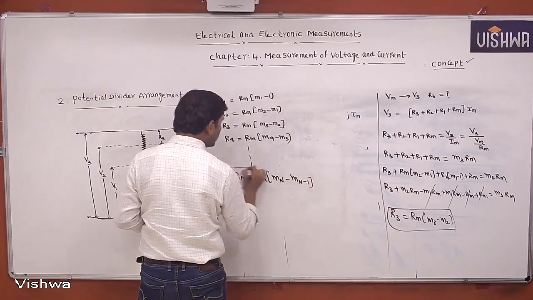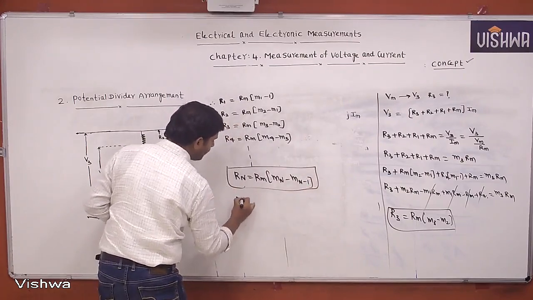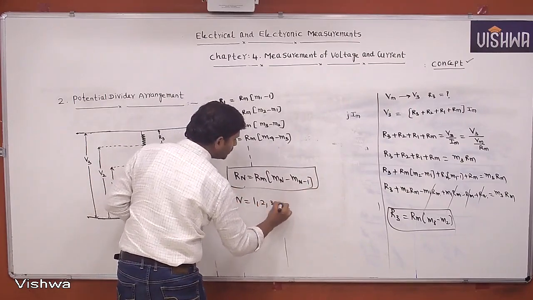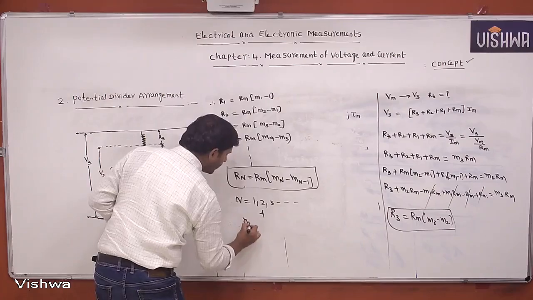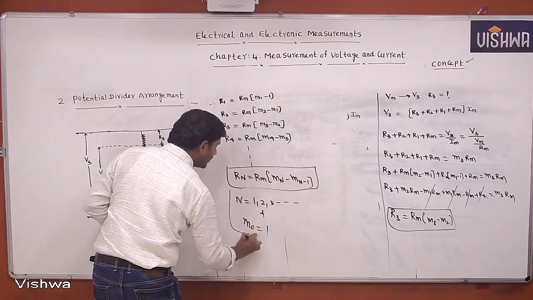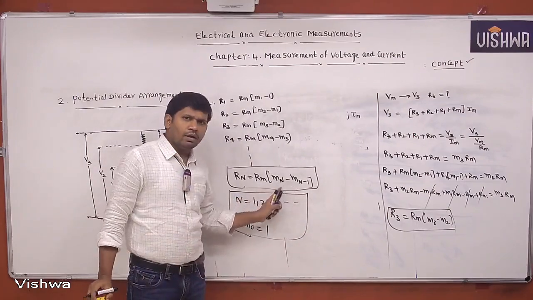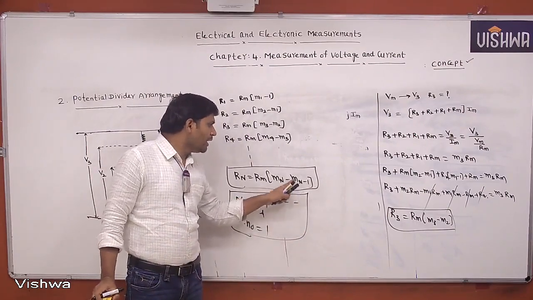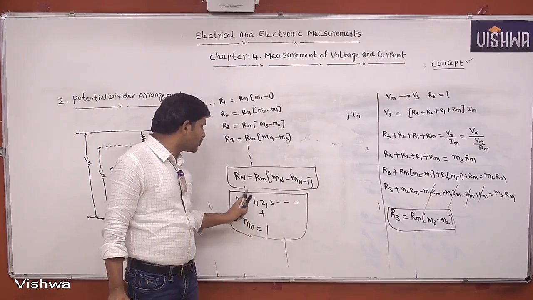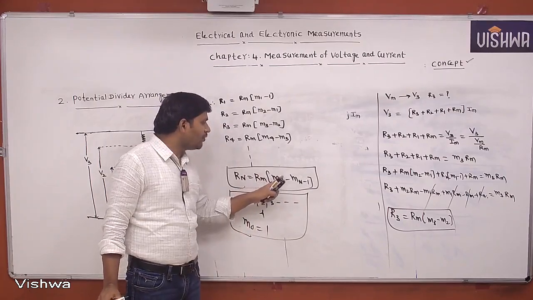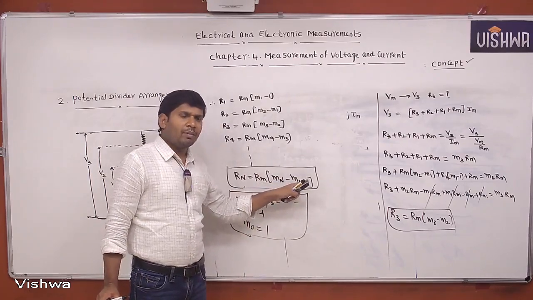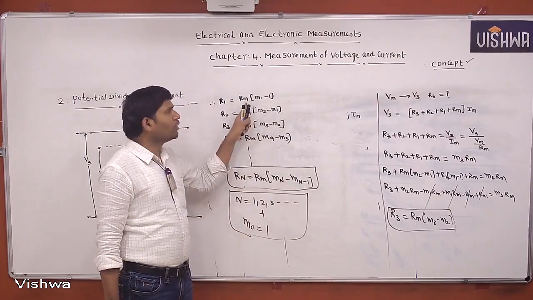Instead of remembering all this, remember the generalized formula where n equals 1, 2, 3 and so on, and M0 equals 1. Then only this formula is applicable. You don't have any defined M0 value. If you take M0 equal to 1 only, then you can get this formula.